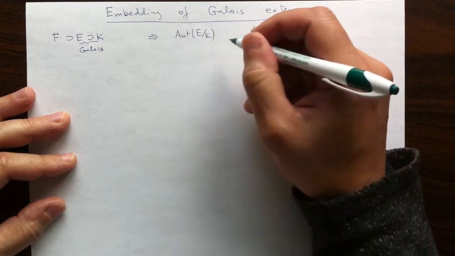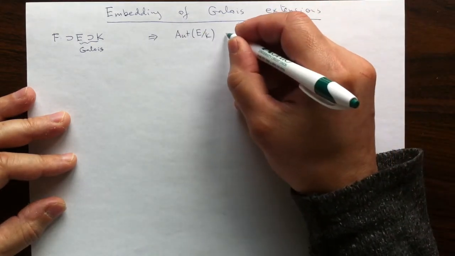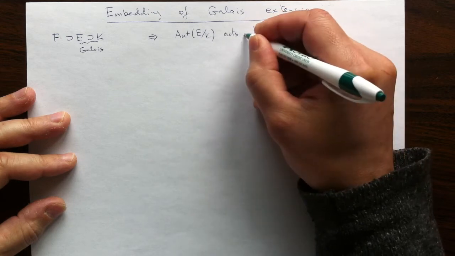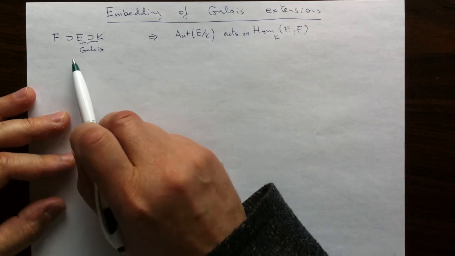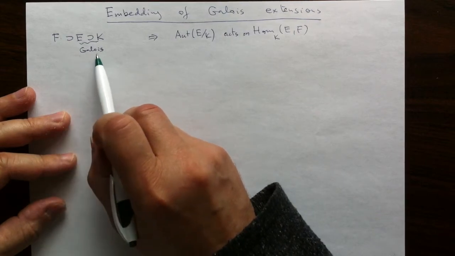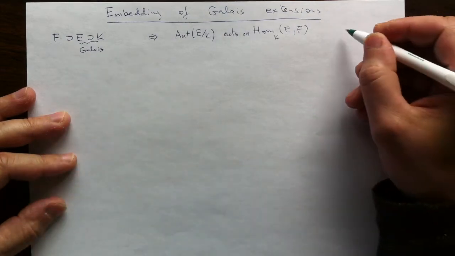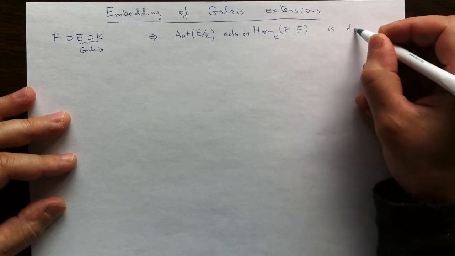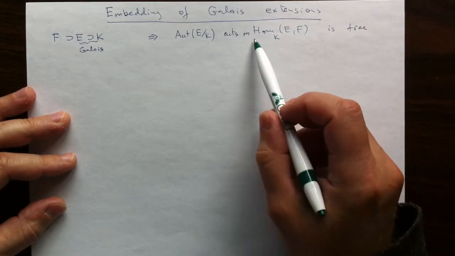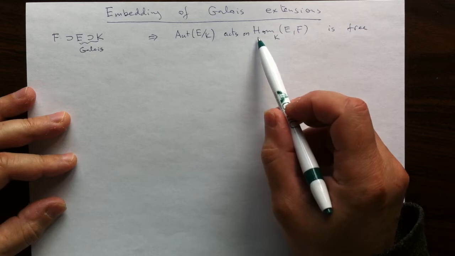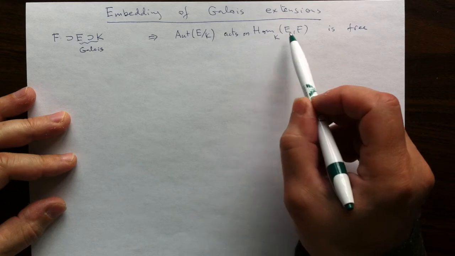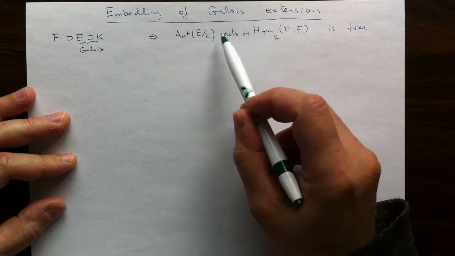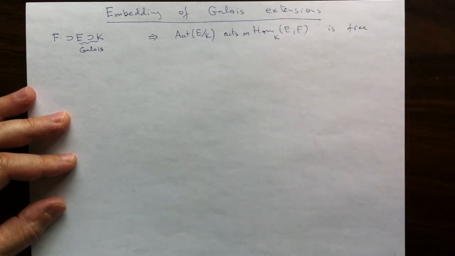And scientifically speaking, this group of symmetries of E acts on the set of homomorphisms. So what I'm going to prove is that for a Galois extension E, this action is free, which means that we have as many elements in here as in the group, and the action would just be as if we are looking at the group itself and multiplying. So this is basically the regular action.